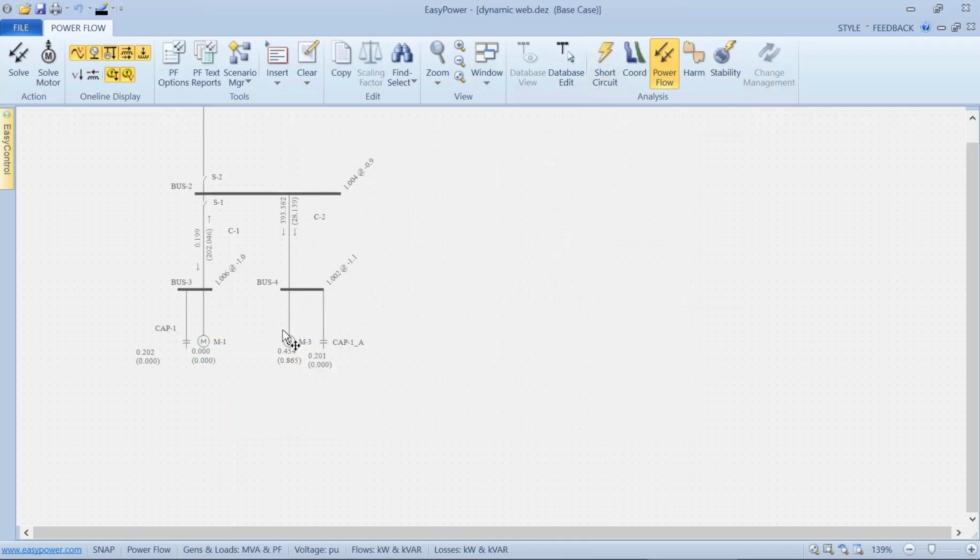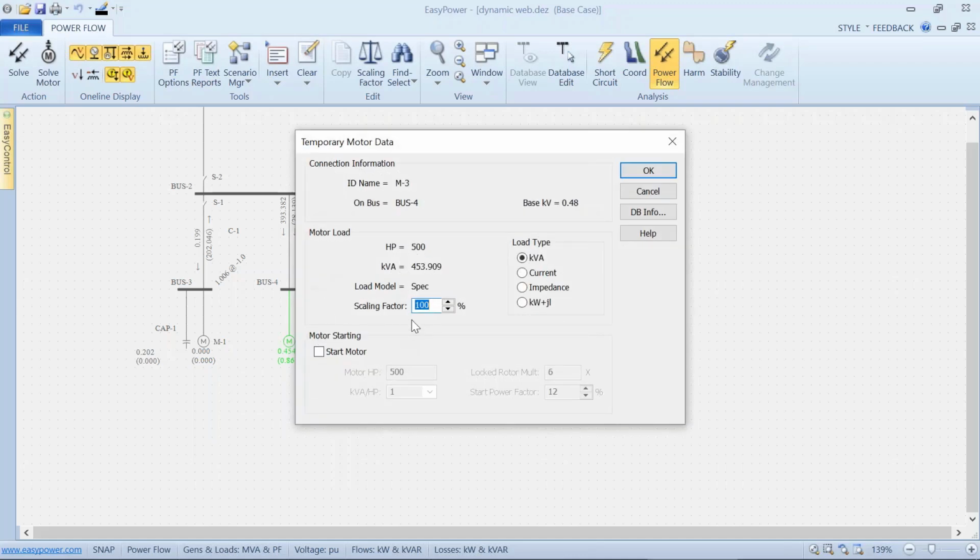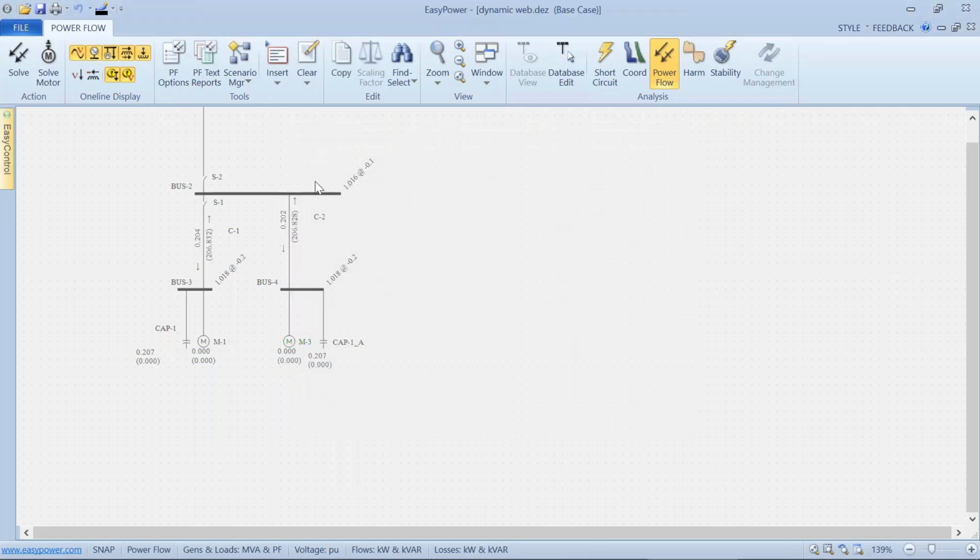I want to do the same thing here. So in the process of starting these motors, my voltage on this bus drops to 0.08 per unit, which could be significant on the rest of my system.